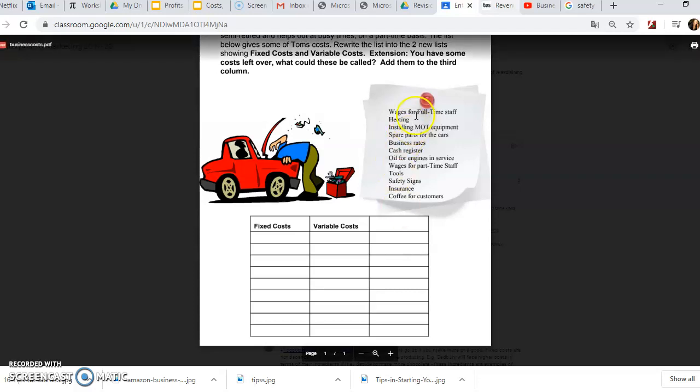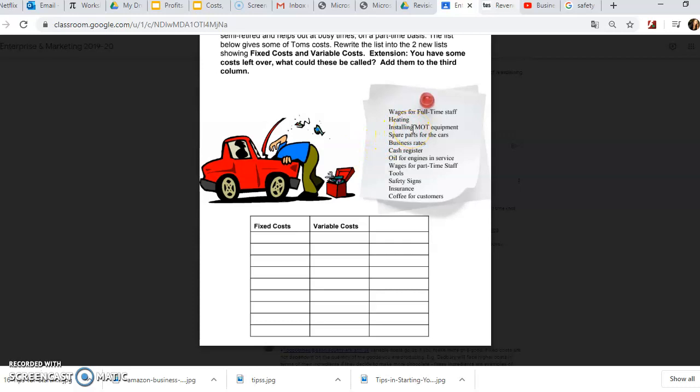Wages for full-time staff, by the way, sorry for not completing it, I didn't have enough time, would count as variable costs, as we said, because wages are different from salaries and they can depend on the amount produced as well as the hours worked, and as a result we count them as variable. Heating would count as a fixed cost.